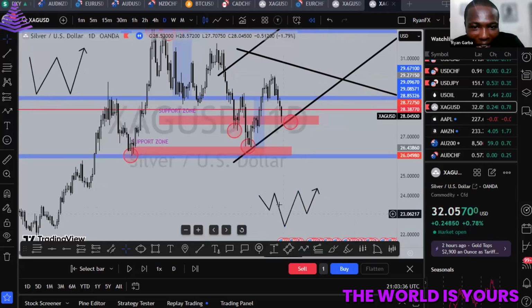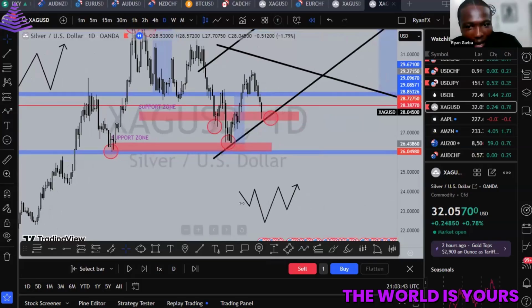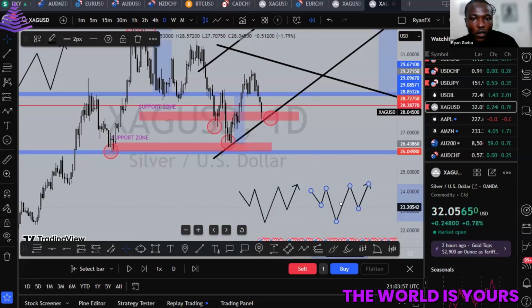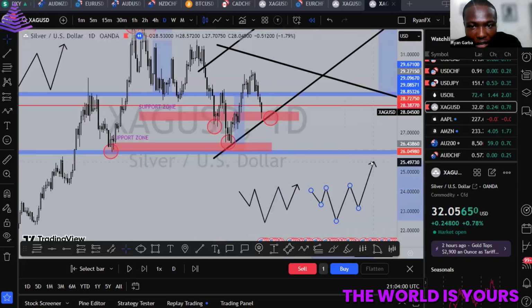I normally like to enter on the right shoulder so that I can catch it here. But nonetheless, you may not have seen this pattern coming early. So what you can do is simple. You can also wait. Price will definitely move up.